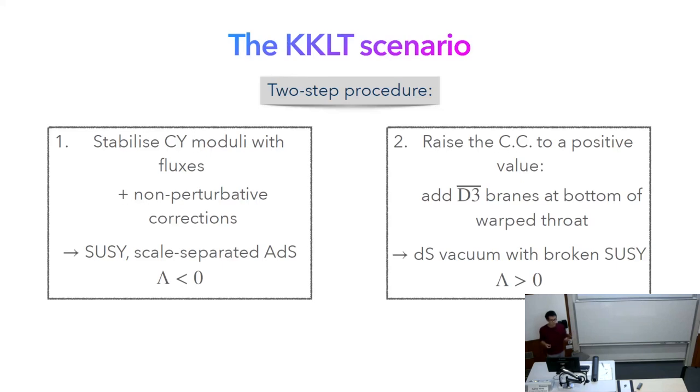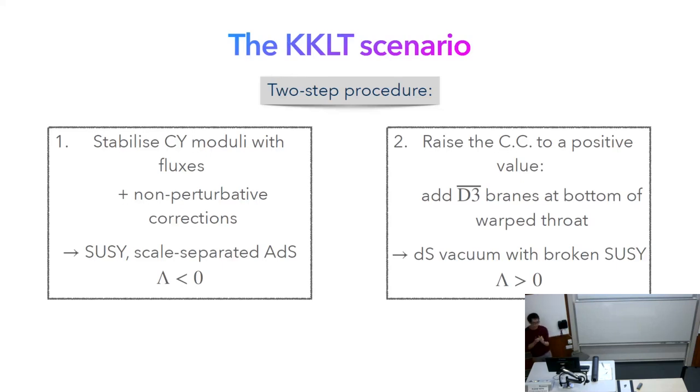The KKLT scenario is essentially a two-step procedure. In the first step, one needs to stabilize the Calabi-Yau moduli with fluxes and add some non-perturbative corrections, and then one gets a supersymmetric scale-separated AdS vacuum, with the cosmological constant smaller than 0.